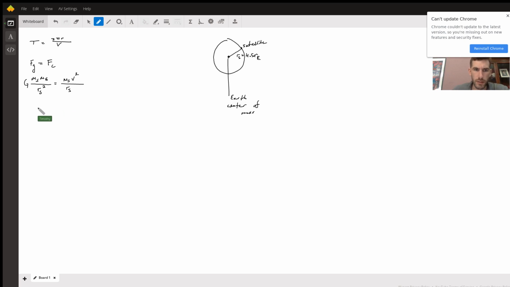Now, if we simplify this equation with a little bit of algebra, we'll get v is equal to the square root of GME over the radius of the satellite.